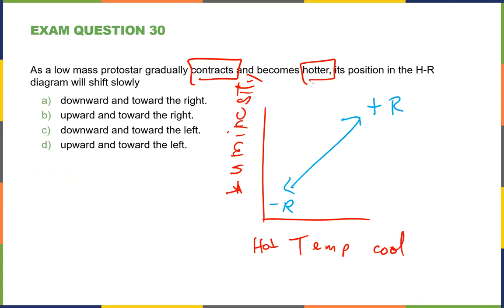And it's becoming hotter. Well, as luck would have it, hotter is also to the left. So it's going to be going like this, downward and toward the left. Now, to the left absolutely had to be true because it's getting hotter, and because radius is going down diagonally. That's why it's down to the left.